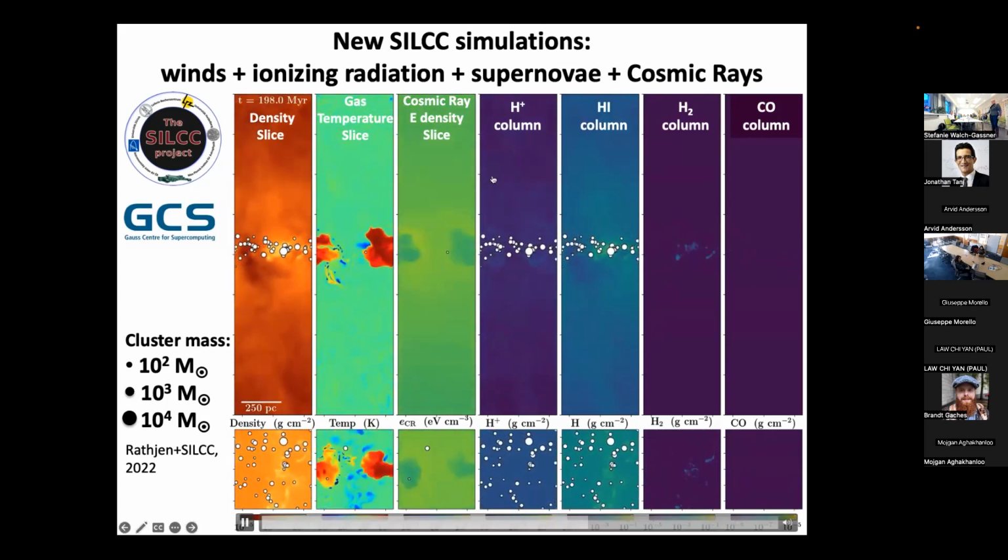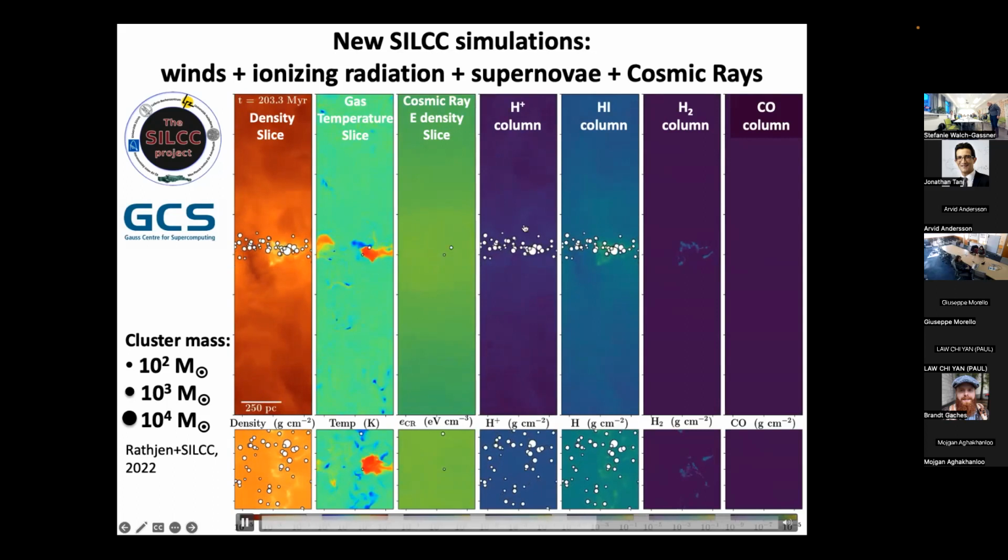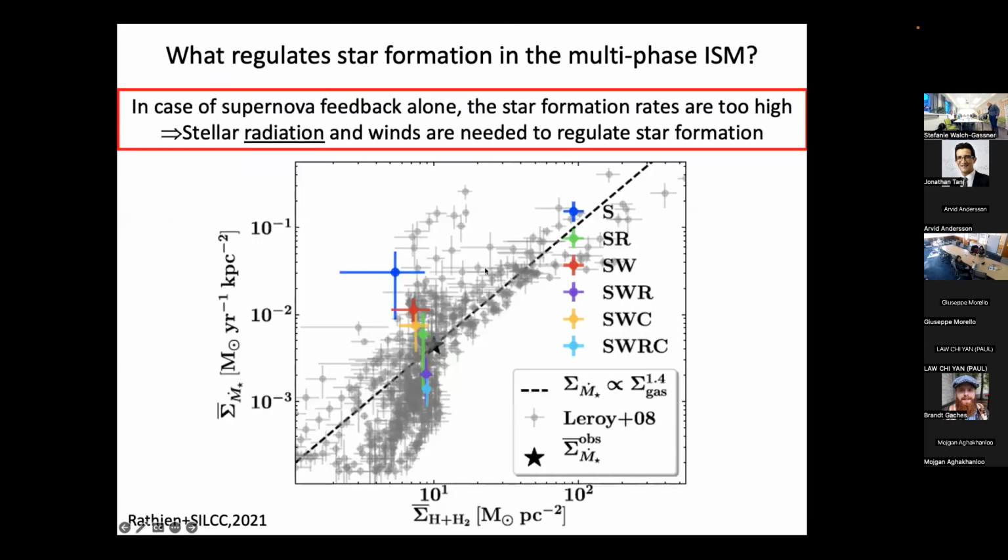And yeah, all right. So then we did a few different studies. For example, what we looked at was the effect of different feedback mechanisms for star formation. And so here we basically played God and switched on and off different feedback mechanisms.